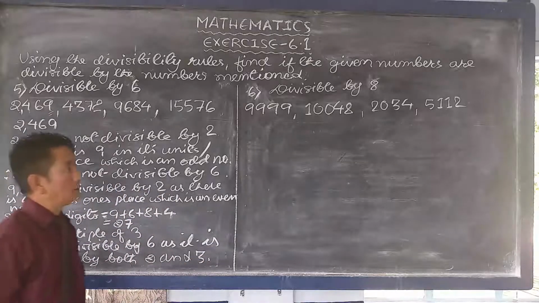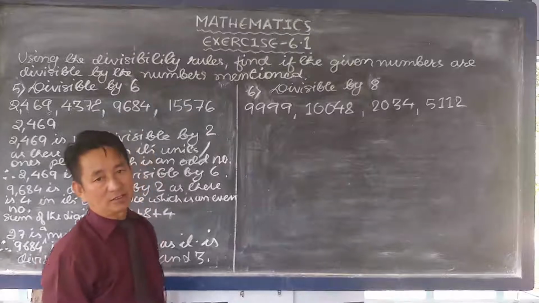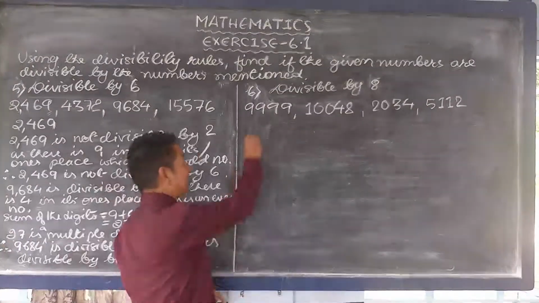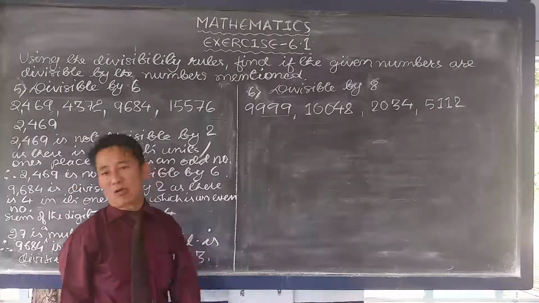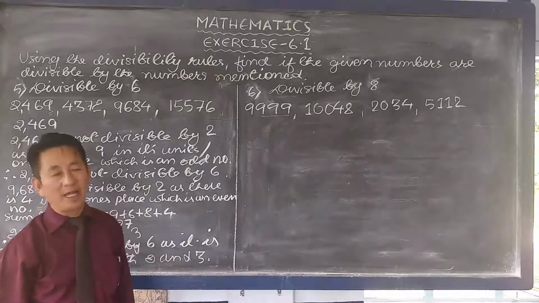Now this is finished. Now next, question number 6. Divisible by 8. Suppose the number formed by the last 3 digits is divisible by 8, then that number is divisible by 8.